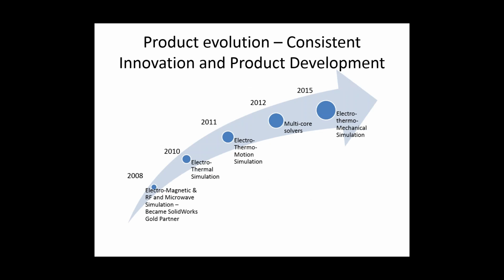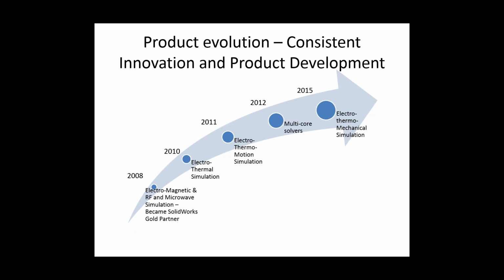Thermal is an add-on to our electromagnetics, so you can solve multiphysics problems that involve electrical and thermal applications. Then in 2011-12, we added motion simulation as a part of our offering. So now users can do coupled problems that involve magnetics, motion, as well as thermal.